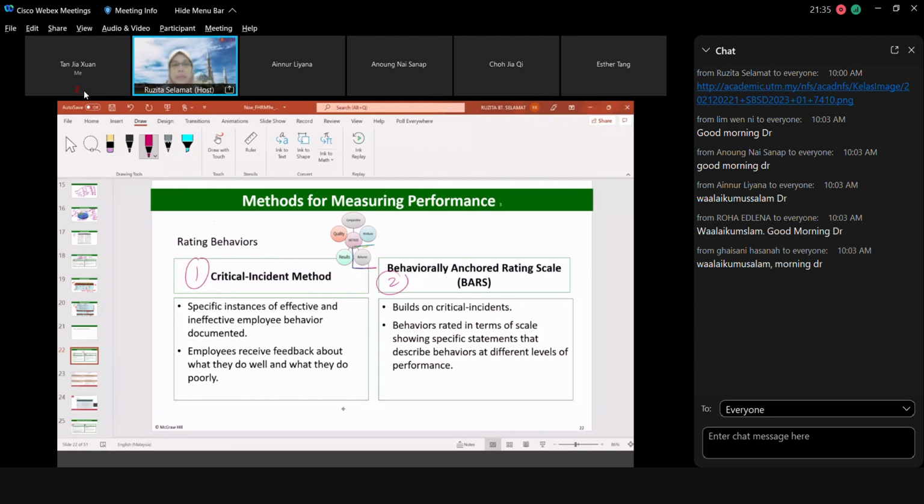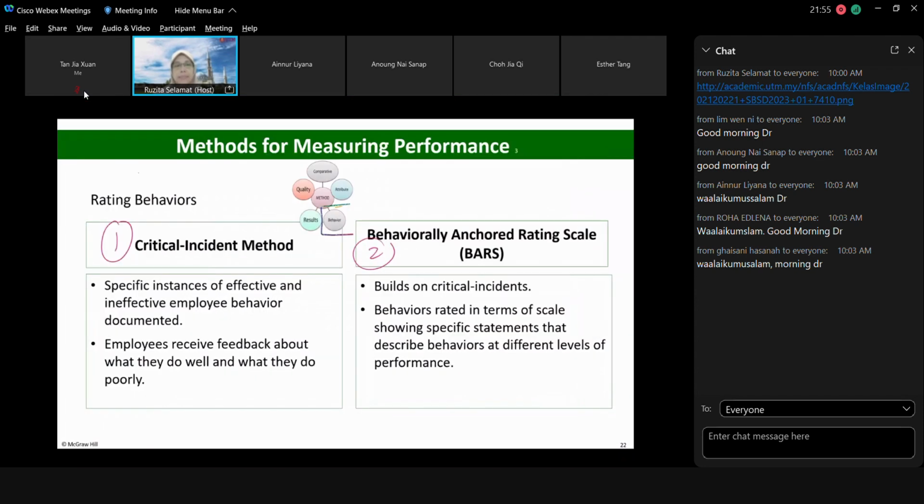All right, the first one being the critical incident method, in which those who are evaluating the employees will give specific instances of effective and ineffective employee behavior, and it needs to be documented.